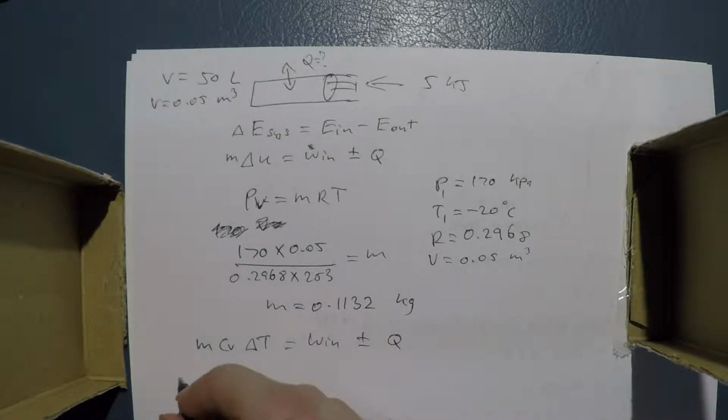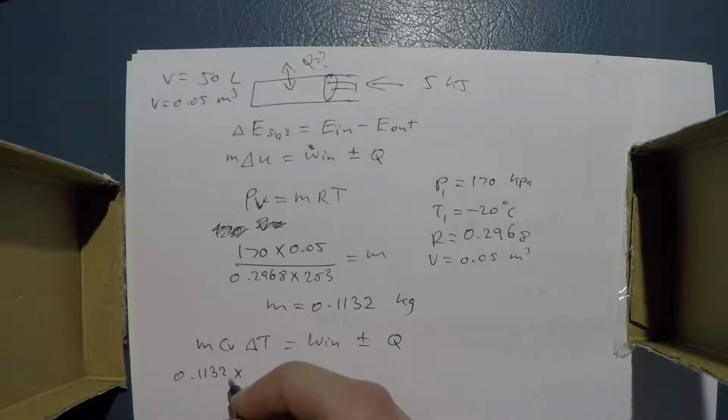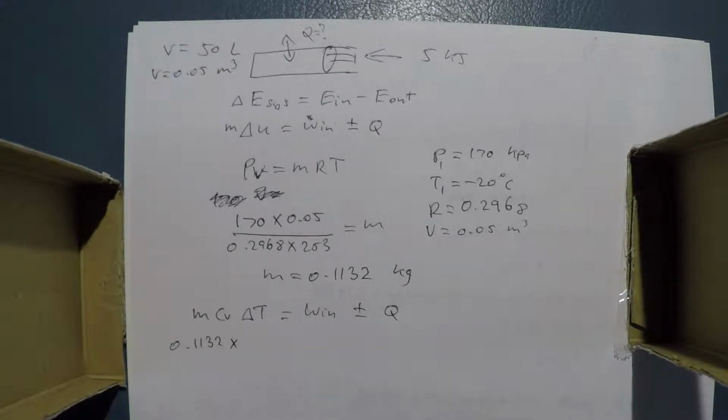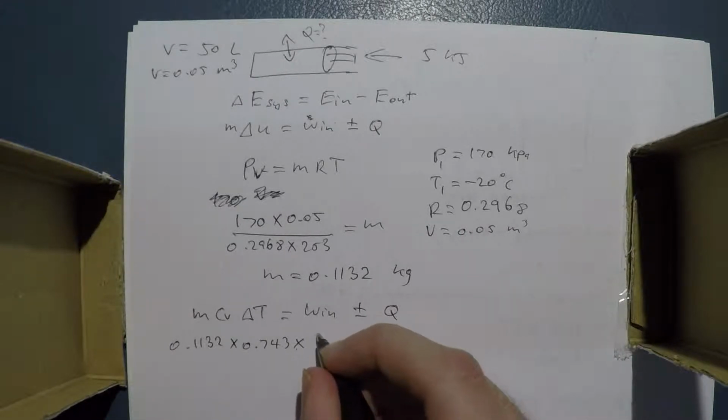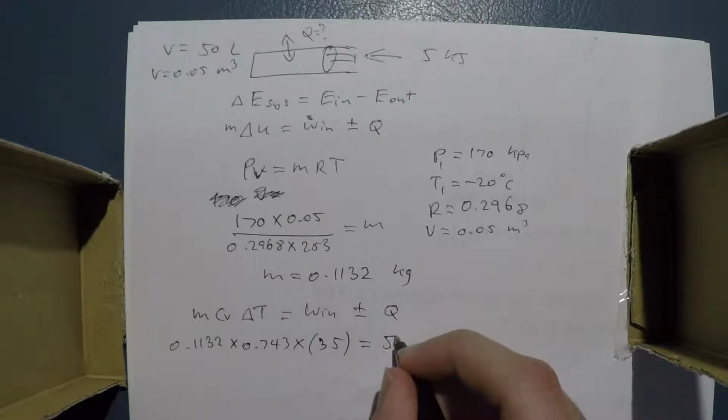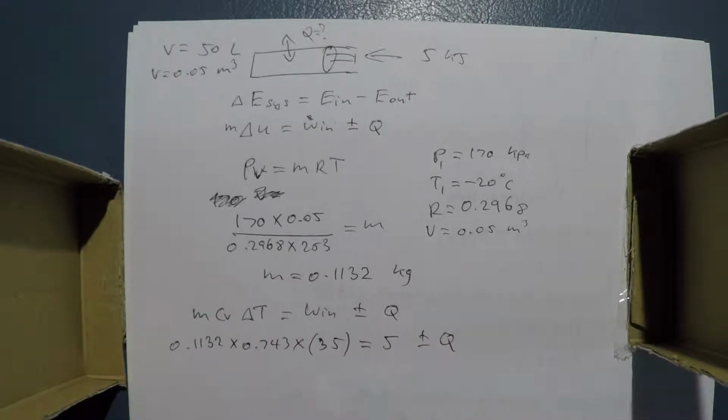Now 0.1132 multiplied by Cv, which we can look up in the tables, is 0.743, multiplied by the temperature difference, T2 minus T1, so 15 minus negative 20, which gives you 35. That equals, we'll substitute in the work, so 5, and then this plus or minus Q term on the end.